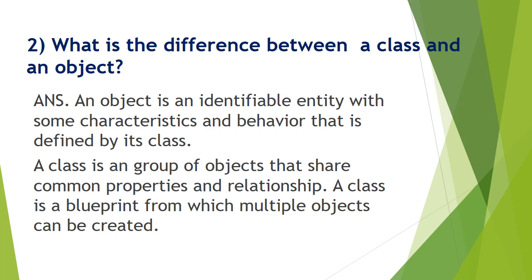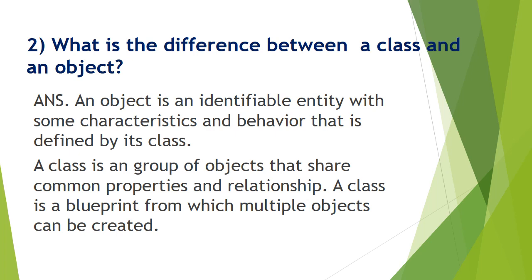Which type of characteristics and behavior? Which is defined by the class. Whereas a class is a group of objects that share common properties and relationships provided by the object, which means the same type of properties and relationships.